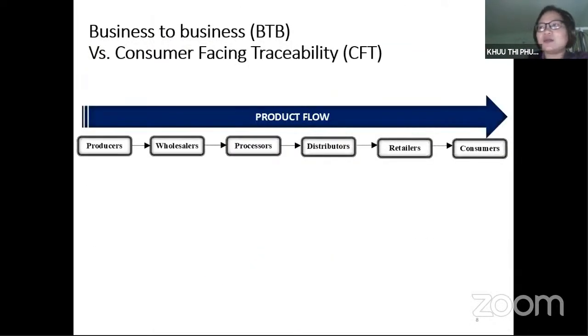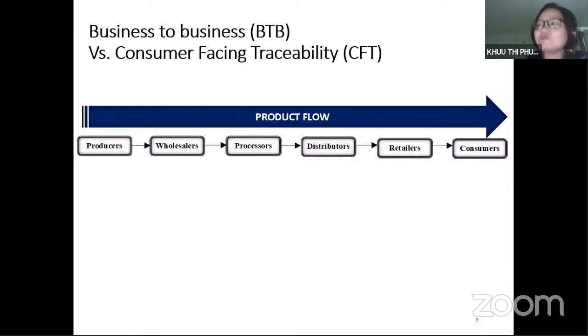And there are two kinds of traceability system in the world, implemented by so many supply chains, so many products, so many industries all over the world.